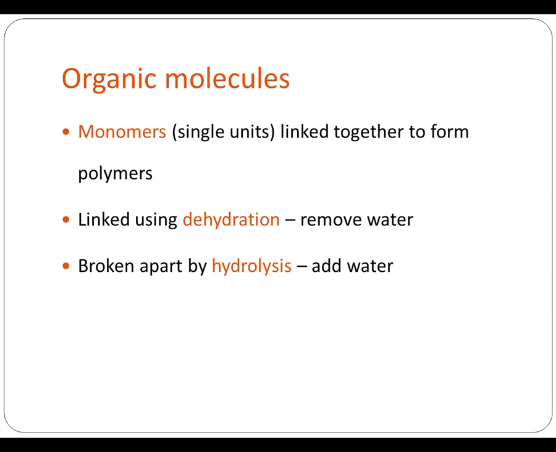So if I'm building a molecule, it might be what type of reaction? A dehydration or condensation. But if I break it down, it might be a hydrolysis. These aren't the only types of reactions to build or break down, but they're two important ones that we'll see for monomer production. So dehydration does what?